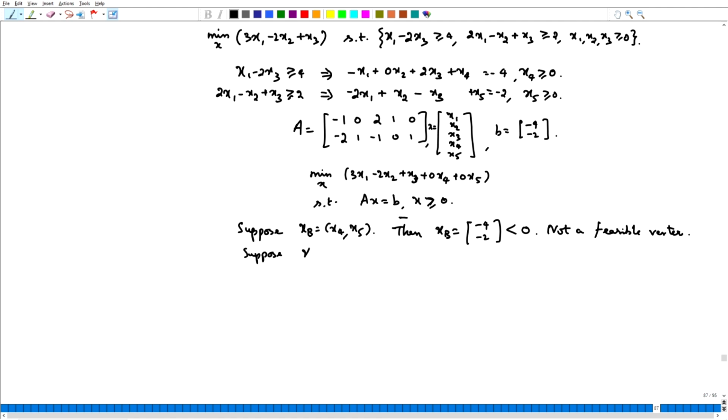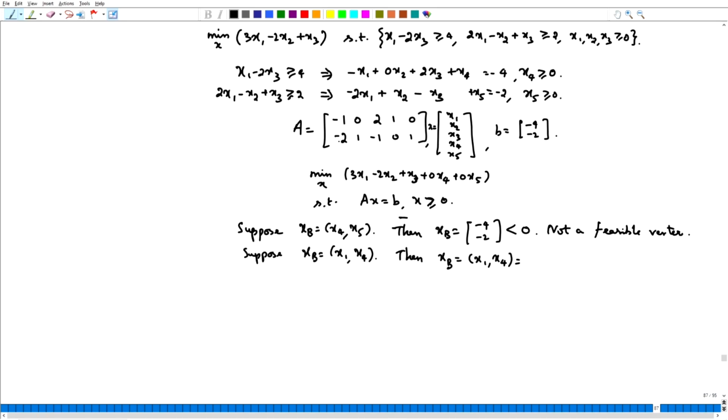Let us take x1 and x4. Of course, these two are linearly independent, minus 1, minus 2 and 1 0. Now let us find what is xb, that is B inverse b, for x1 comma x4.